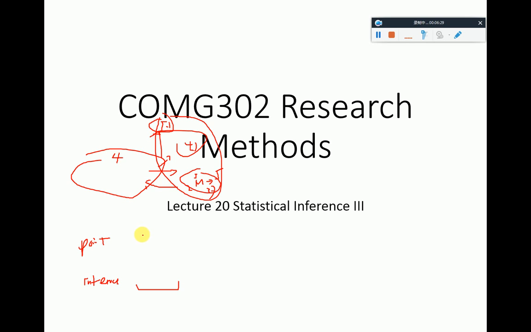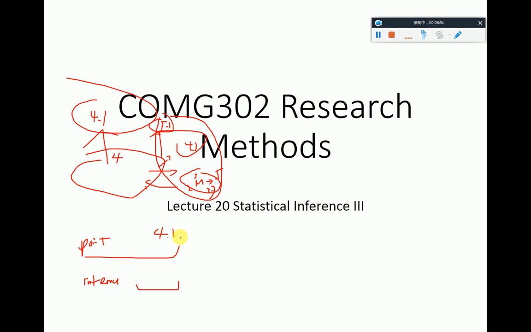So that means even though, for example, a point estimate of the population is good enough. For example, we just randomly choose one sample, and then we calculate the mean from the sample, which is 4.1. Then that's okay. So now we have a point estimate about the population mean, and this point estimate is 4.1.